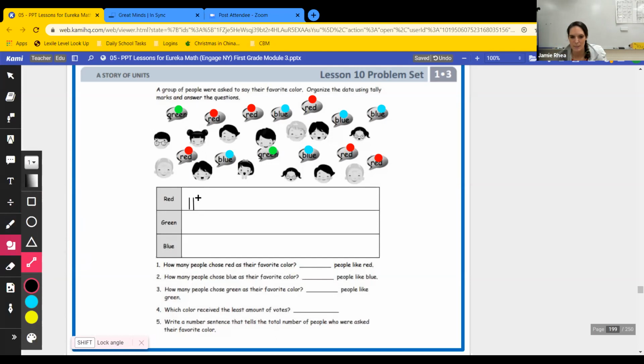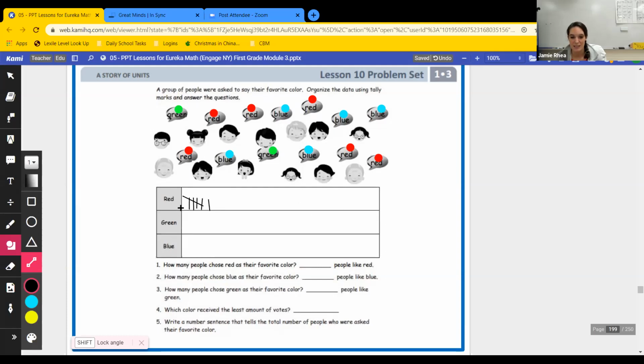There's another red. There's one. Here's one. Oh, that gives me 5. And then one more gives me 6. Okay, now I see I have 6 tallies. I can go back and say 1, 2, 3, 4, 5, 6.